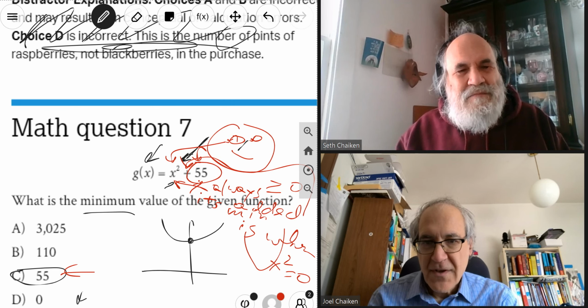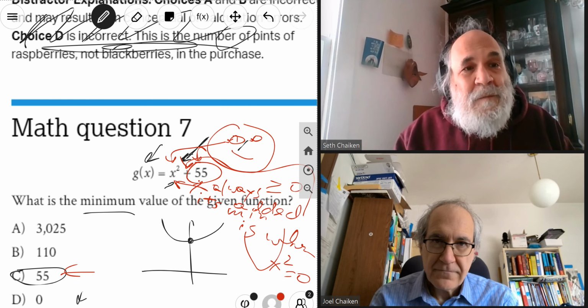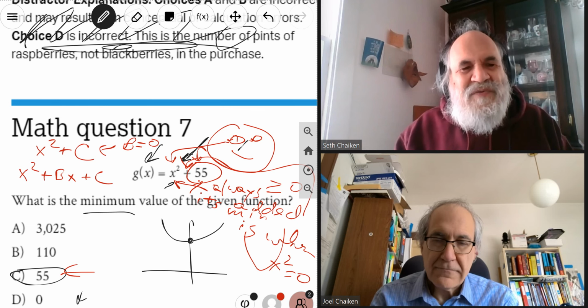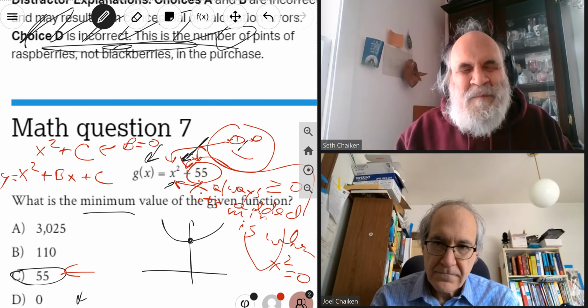But you have to distinguish between this kind of quadratic, which is more special than this quadratic, because the b here equals 0. For quadratics like this, the minimum is somewhere away from x equals 0.